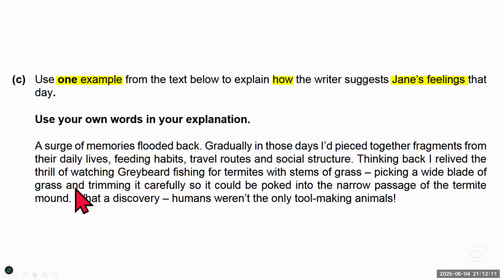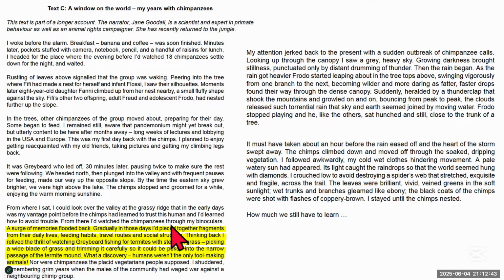Thinking back, I relived the thrill of watching Greybeard fishing for termites with stems of grass, picking a white blade of grass and trimming it carefully so it could be poked into the narrow passage of the termite mound. What a discovery! Humans weren't the only tool-making animals. So that extract comes from this part of text C. You can pause the video to read the text if you want.